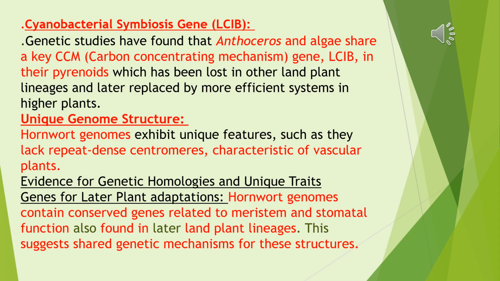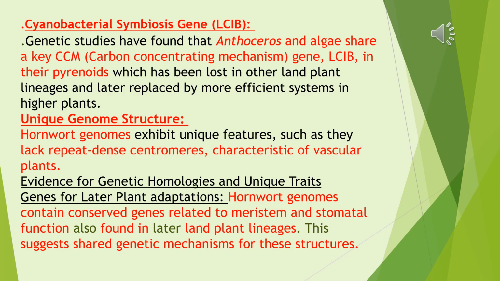Now we'll come to the next point, unique genome structure. Hornwort or Anthocerotopsida genomes exhibit unique features. What is that? Such as the lack of repeat dense centromeres that is characteristic of vascular plants. So all vascular plants have in their genome repeat dense centromeres.